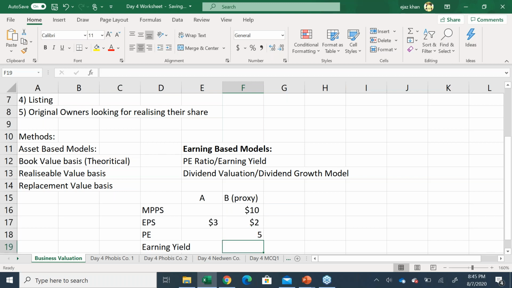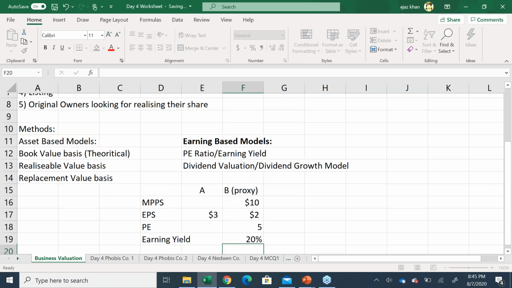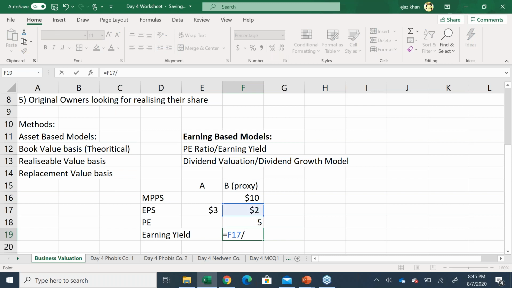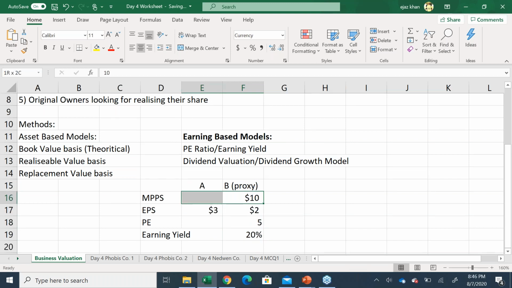It's 20%. That's what earning yield is. 2 divided by 10, 20%. So earning yield is basically your EPS divided by market price per share. You're just trying to find out how much in percentage terms you are earning. You can call it a return on equity as well. $2 divided by $10, so 20%.